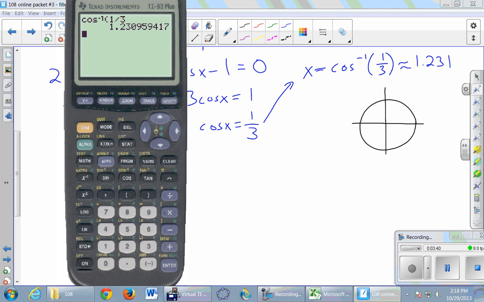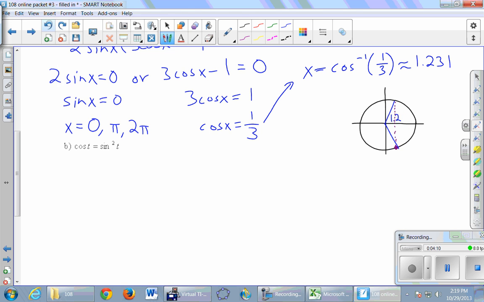1.231 radians is in the first quadrant. This is a cosine problem, and we know that x is the important thing when you're solving a cosine problem. So that x is the same as that x. So then the real angle that we want is going to be this one going around here. You could go the backwards way, but that would give you a negative answer. So you could just say negative 1.23, but that's not between 0 and 2 pi.